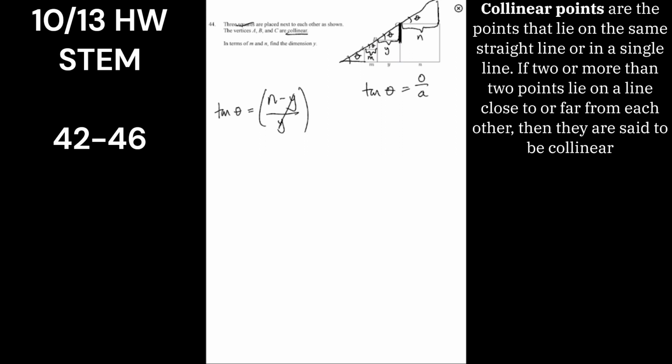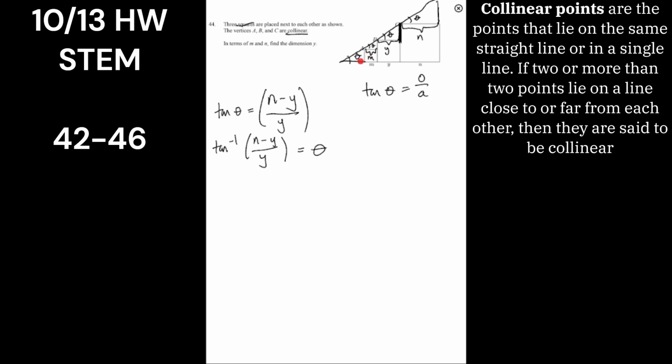Does not cancel, because it's a subtraction, so you cannot do that. But that's what that is. So this means that inverse tan of n minus y over y equals theta.